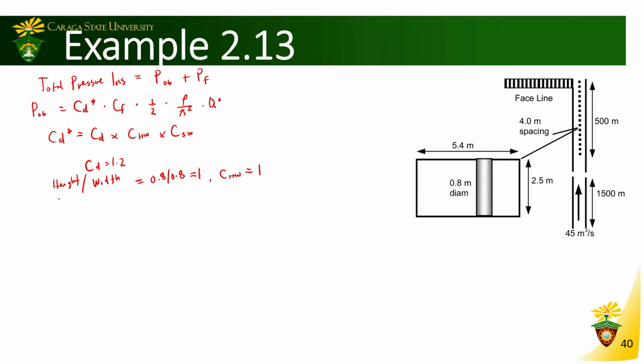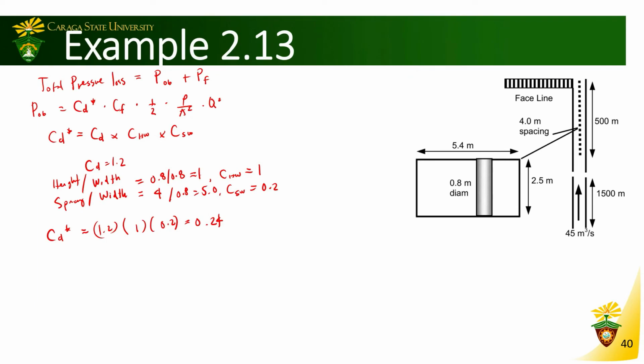The spacing over the width is equal to 4 meters over 0.8, which is equal to 5.0. And if we look at the diagram before, then C sub SW is equal to 0.2. Therefore, the corrected C sub D is equal to 1.2 times 1 times 0.2, which is equal to 0.24.